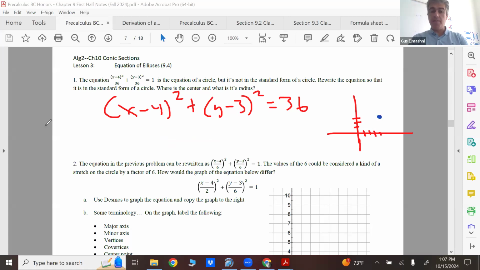And if you go 6 away on each side, so this will be like a 10, that's at 4, -2. I have to go 6 higher, so that's at 9. And -3, I think.